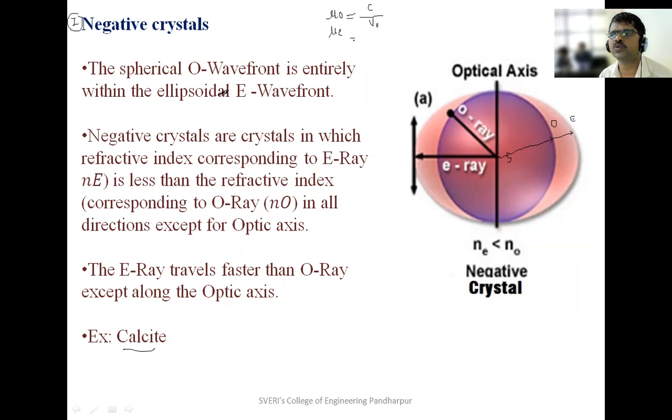and mu e is equal to c upon v. And what is the relation between v0 and v? Which is greater? V is greater than v0. So the velocity of the extraordinary ray is greater than the velocity of the ordinary ray, and the refractive index of the ordinary ray is mu0 equal to c upon v0.